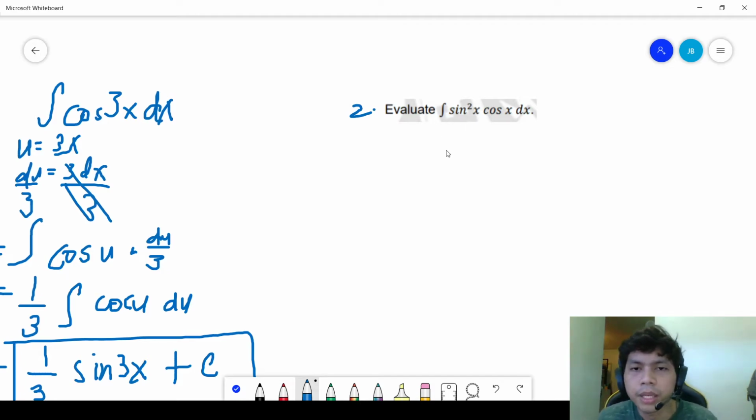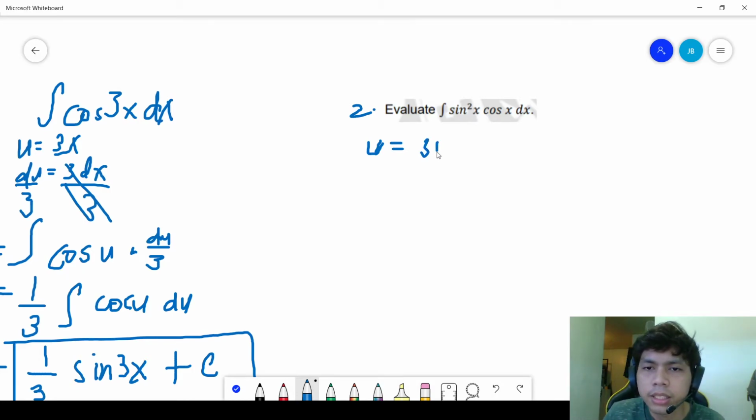Or by using integration by substitution, you can let u be sine x. Now what's the derivative of sine x? That is cosine x.